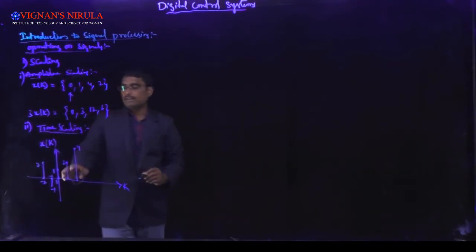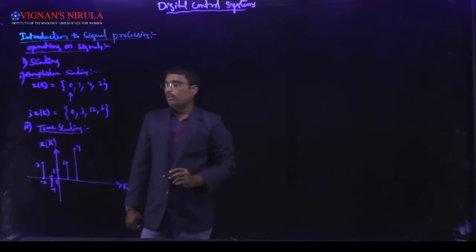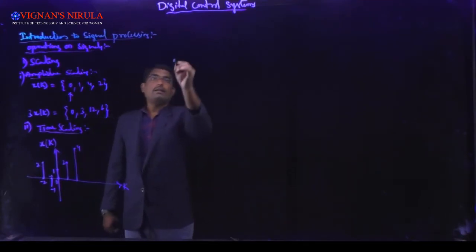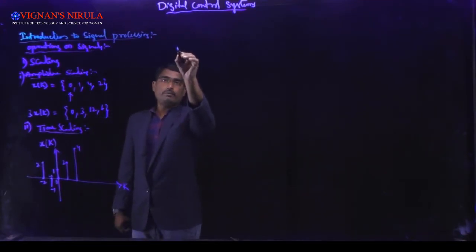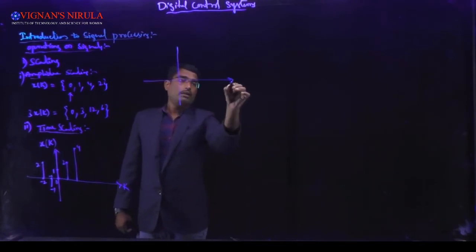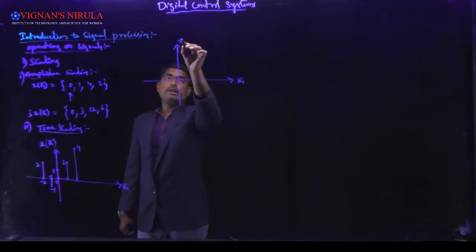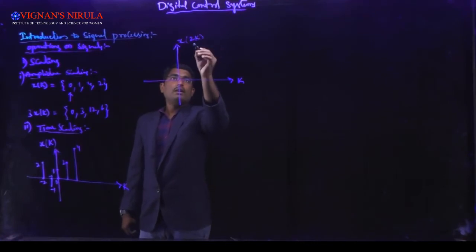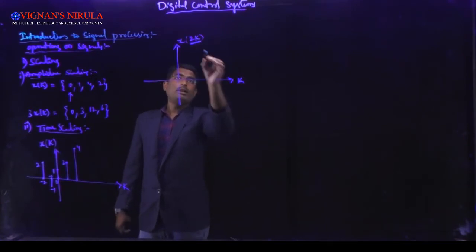So this is the signal which I am taking. Now time scaling means, see here, now I am drawing x of 2k. That means the time axis is being multiplied by 2.